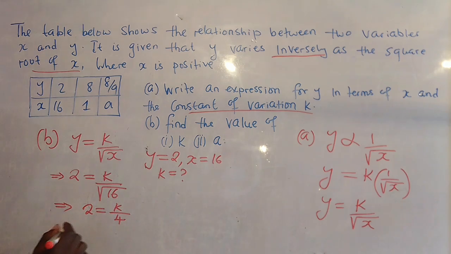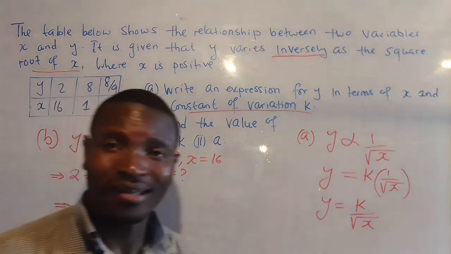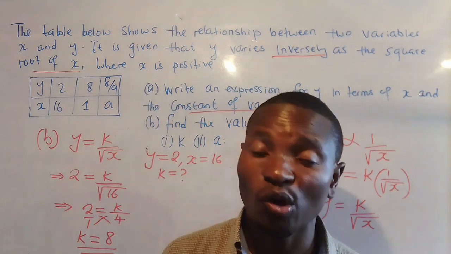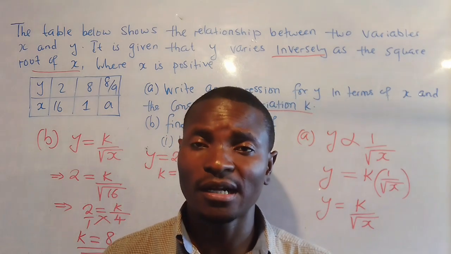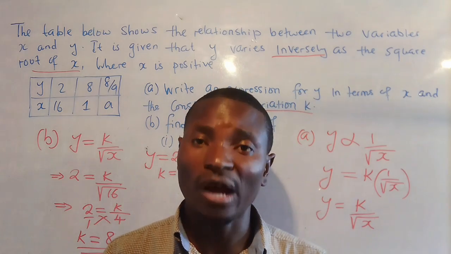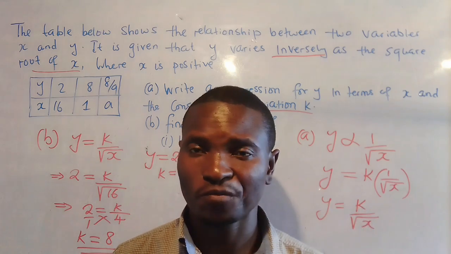Then I can cross multiply: 1 times k is k, and 2 times 4 is 8. So k equals 8. That's how you can find the value of k. As simple as that. All you have to do is follow the formula that you derived from the first question.